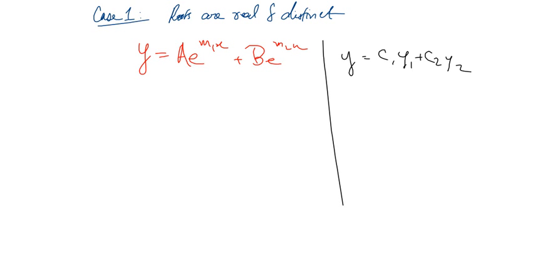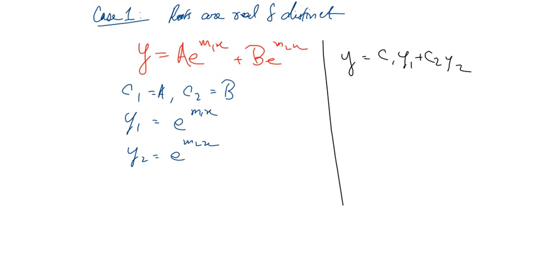Here you find that c1 is equal to a, c2 is equal to b, y1 is equal to e to the power m1x, y2 is equal to e to the power m2x. These are the values that you get on comparison with the standard general solution of a second order differential equation for real and distinct roots.